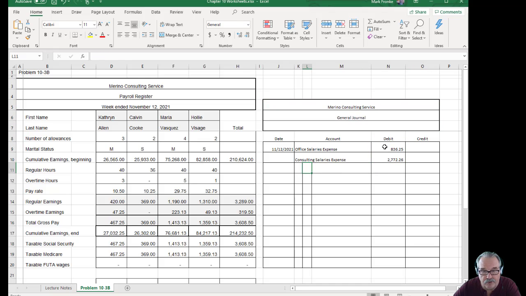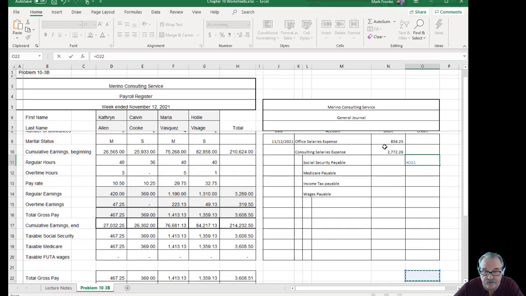And then we're going to have 4 credits. Social Security payable, Medicare payable, income tax payable, wages payable. And I'm just going to link those to our totals that we have down below.